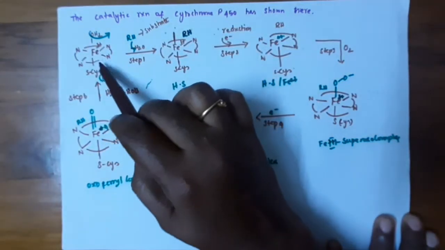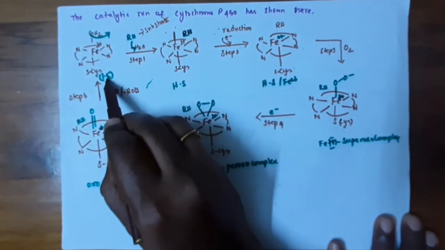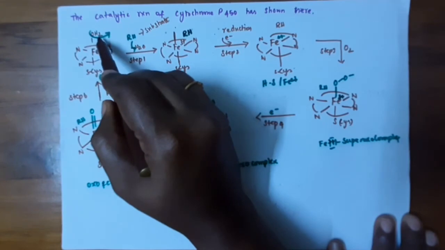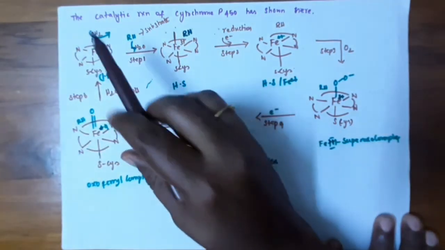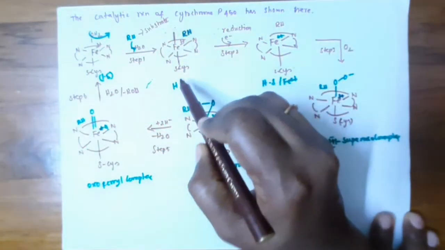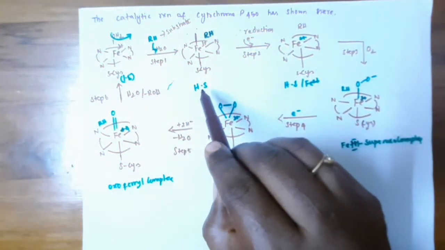First, the cytochrome P450 has iron in the +3 state, low spin. In step 1, the water molecule is expelled from the structure, and the iron is converted from low spin to high spin state.